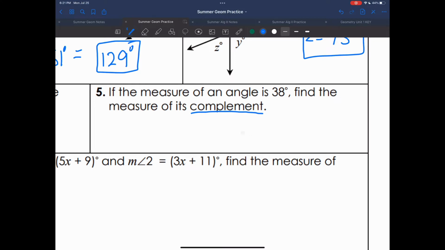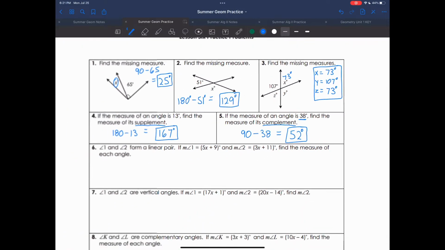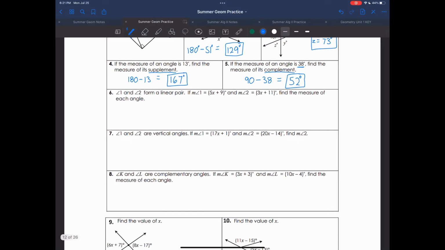So we would want to take 90 degrees and subtract off what they give us, which would be 38 degrees to give us the complement of it. Okay, so that's going to give us 52 degrees. So we would say 52 degrees is the complement to 38 degrees because those two added together would give us 90 degrees.